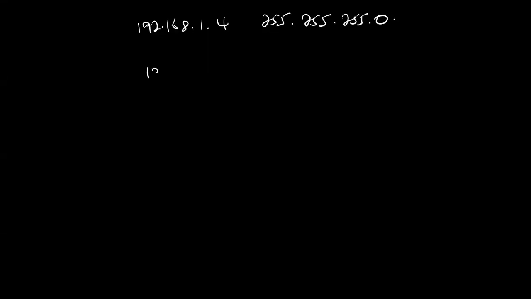I think instead of writing 192.168.1.4 with subnet mask 255.255.255.0, we can just write it as 192.168.1.4 with a 24-bit mask.